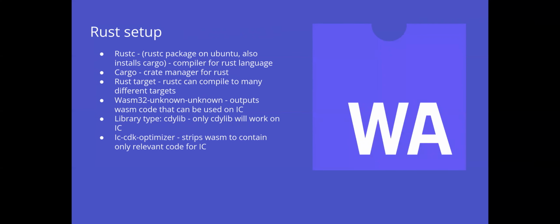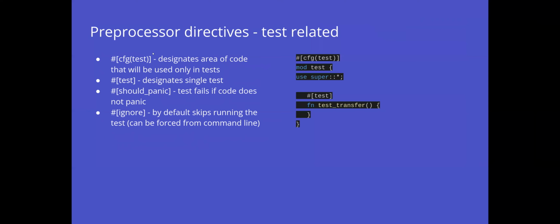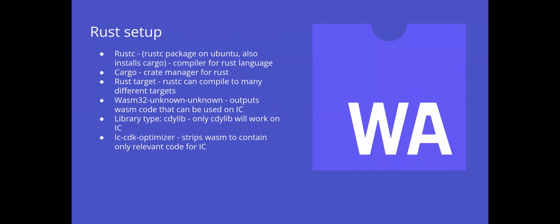Okay, so if you'd like to run Rust on your computer, it's actually quite easy. If you're using Ubuntu, all you need is the rustc package, which will install almost everything that you need. If you are using other Linux distributions, most of what I have used also have an equivalent of the rustc package.